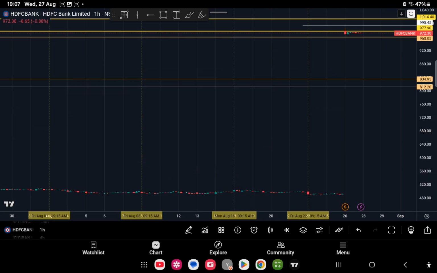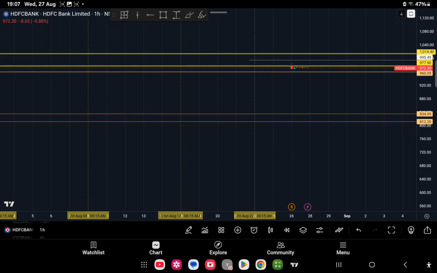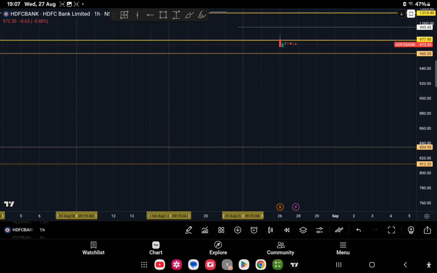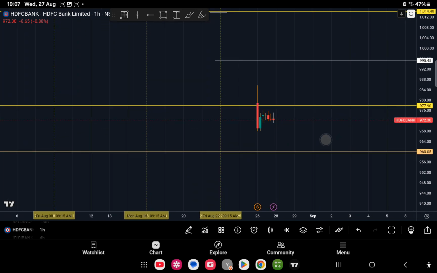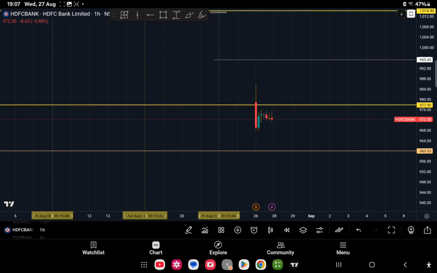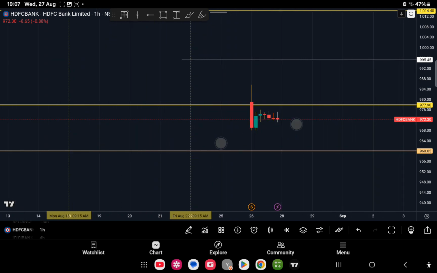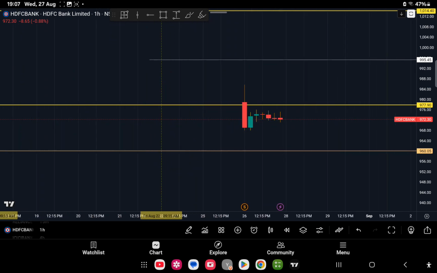Okay, adjust drawing, so I do have to adjust here because I couldn't draw much of the things because HDFC had a split. So let's just take this and understand it was completely sideways, guys, except for first candle.